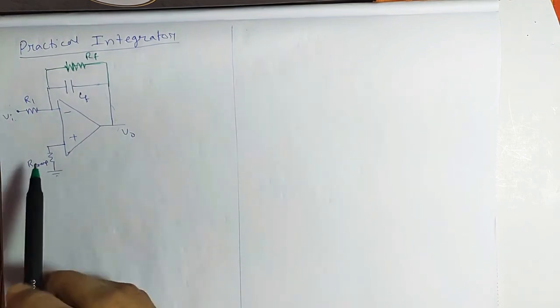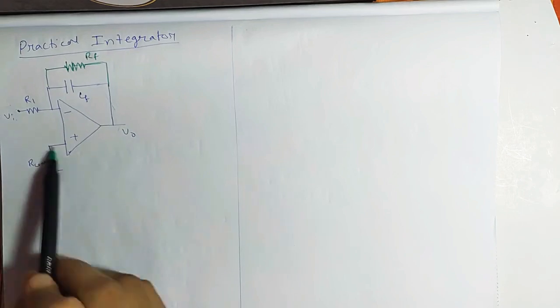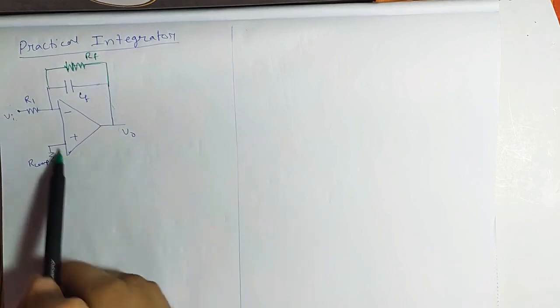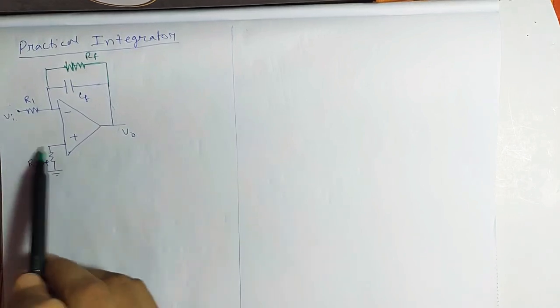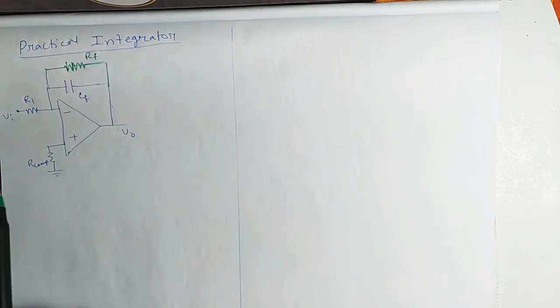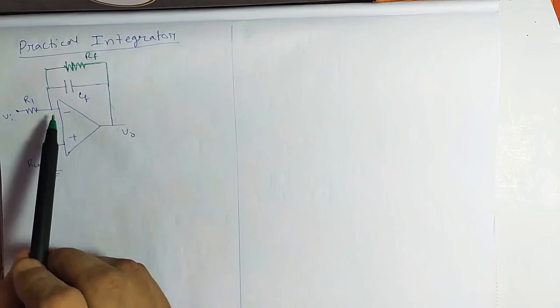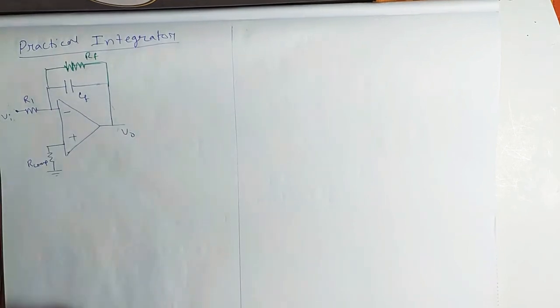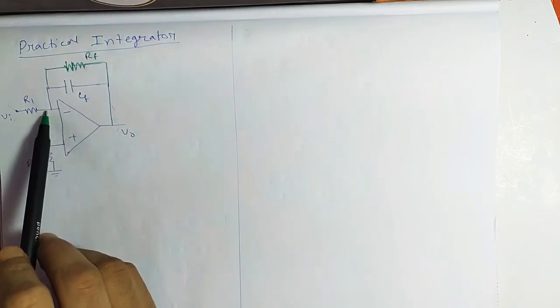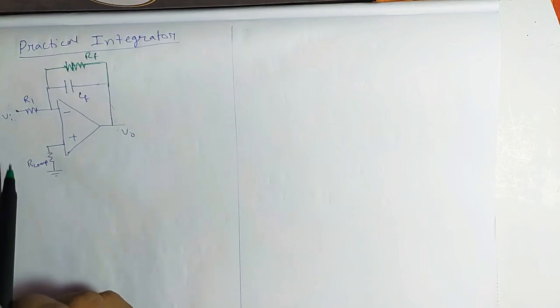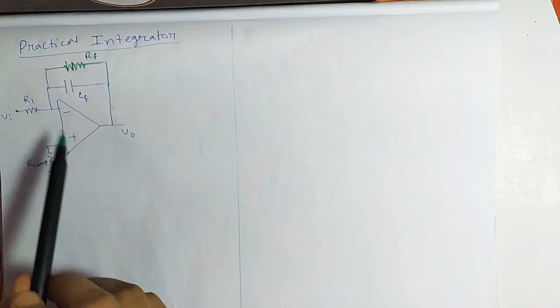Again, you can notice here an extra R, that is R comp, the compensation resistance. Ideally, op-amps don't have any input current, but practical op-amps have some leakage currents, and due to this leakage current there is some offset voltage.